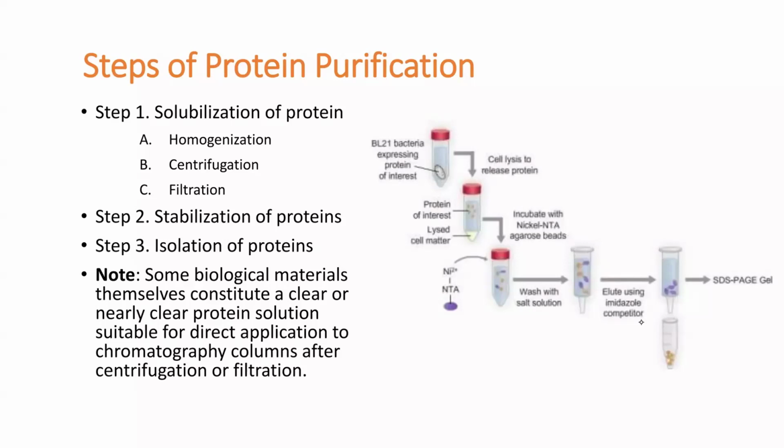It means that some proteins, because they are very clear after centrifugation, can simply be subjected to chromatographic techniques, which include gel filtration, column chromatography, affinity chromatography, and size exclusion chromatography, depending on the type of protein and the technique you are going to apply.